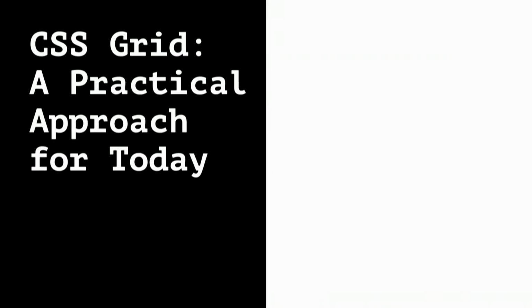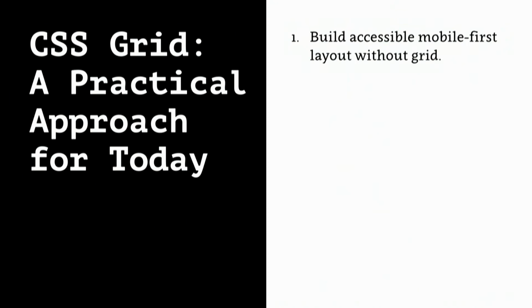So here's your practical approach to using CSS Grid right now when you walk out this door. First of all, every time you build a site from here on forward, start by building an accessible mobile-first layout. And that's the baseline you serve up to every single browser. Single column, accessible code, very simple.